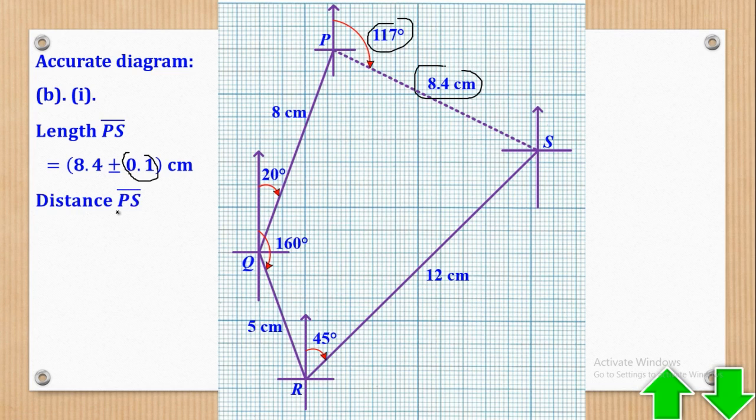But because they wanted distance, you have to again convert the centimeters to meters. From centimeters to meters, we shall multiply by 100. That's why here it was 8.4, then we multiply by 100, it becomes 840. Then this 0.1 multiplied by 100 comes to 10.